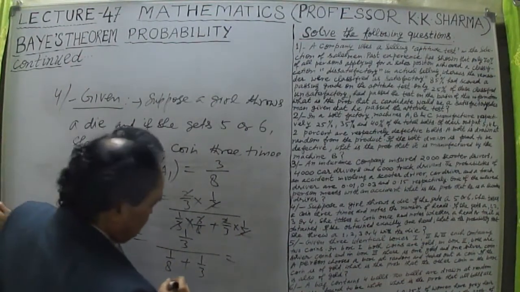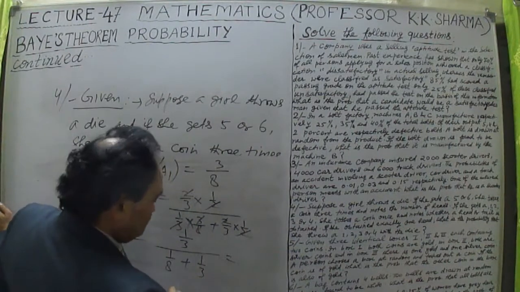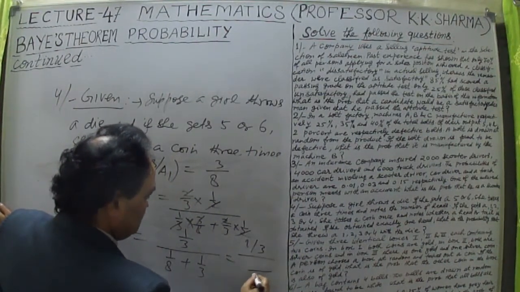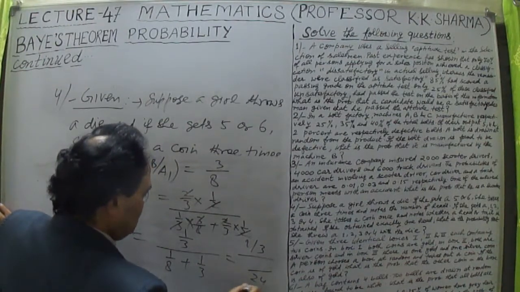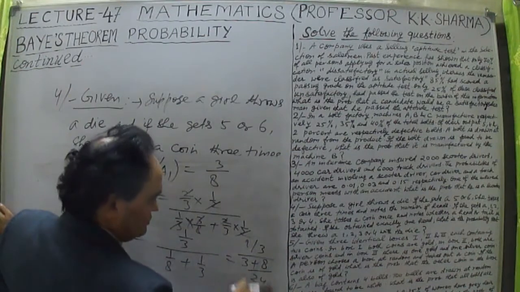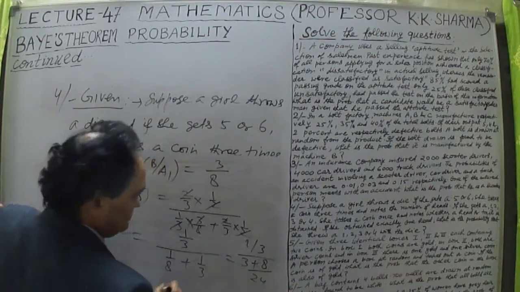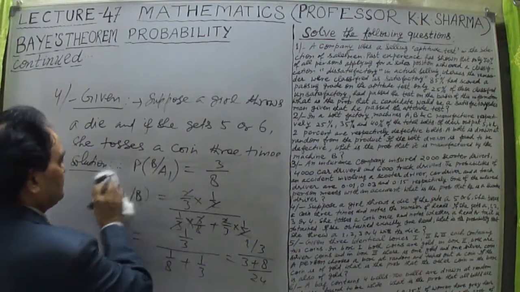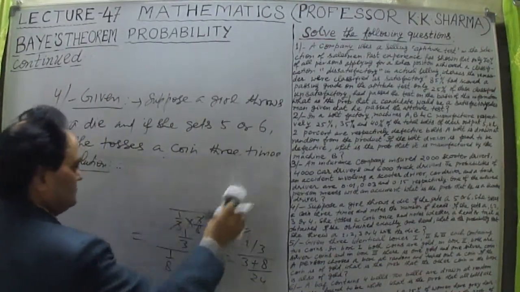So in the denominator we are having 24 as the LCM. This is 1 upon 3 divided by 3 plus 8, 11, over 24. 24 will come in the numerator, so 8 upon 11. Let me write it above here.